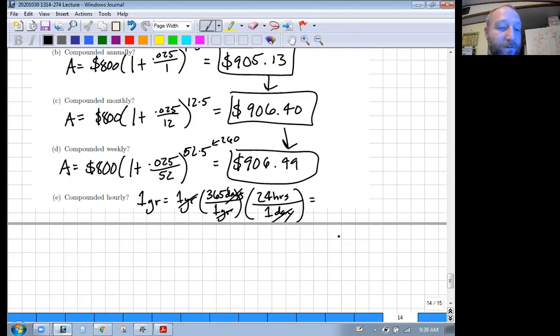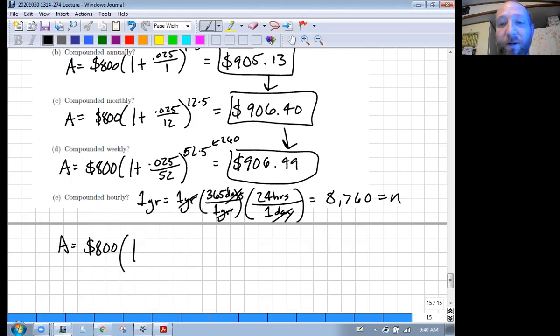So I got 365 times 24, 8,760. That's what our n is. The amount is 800 times 1 plus 0.025 divided by 8,760 to the 8,760 times 5. That number is 43,800, by the way.